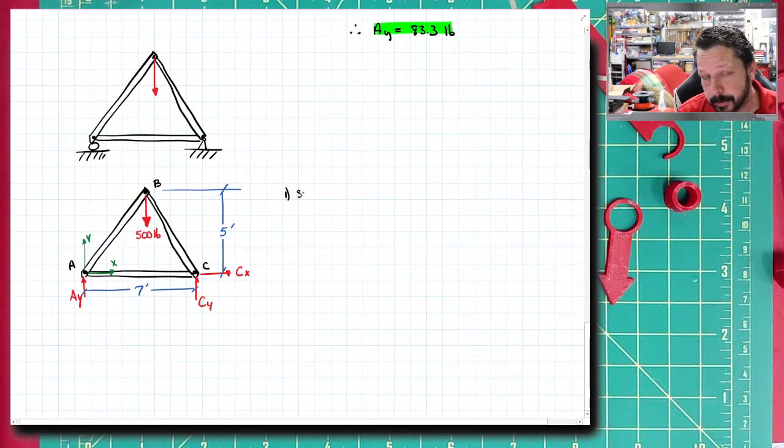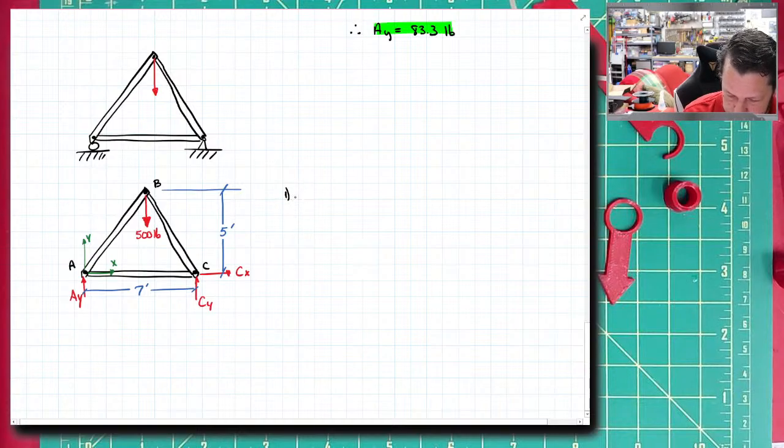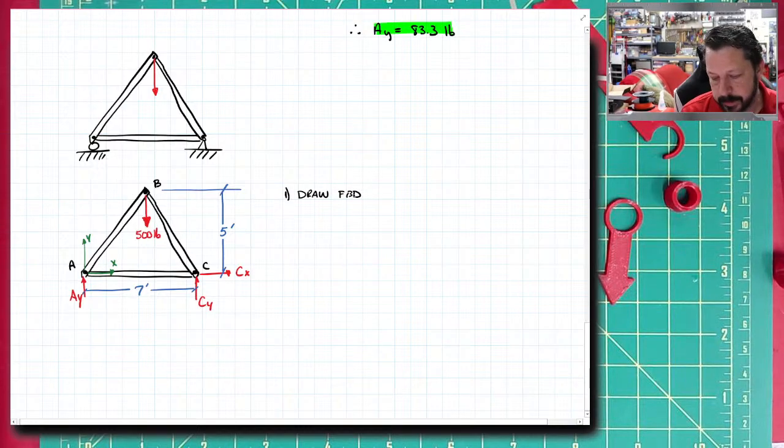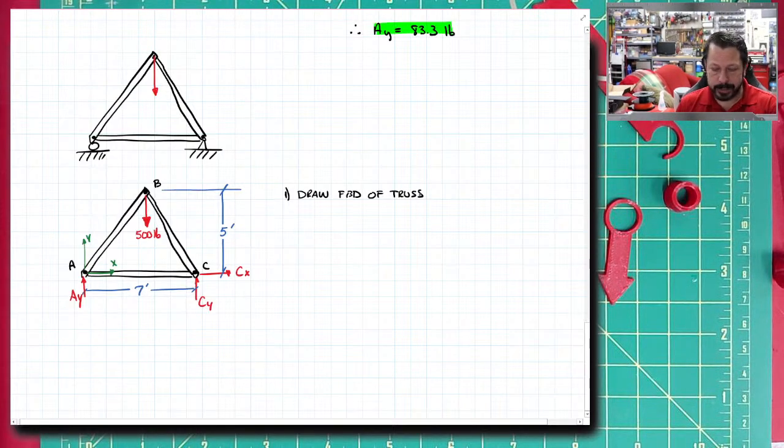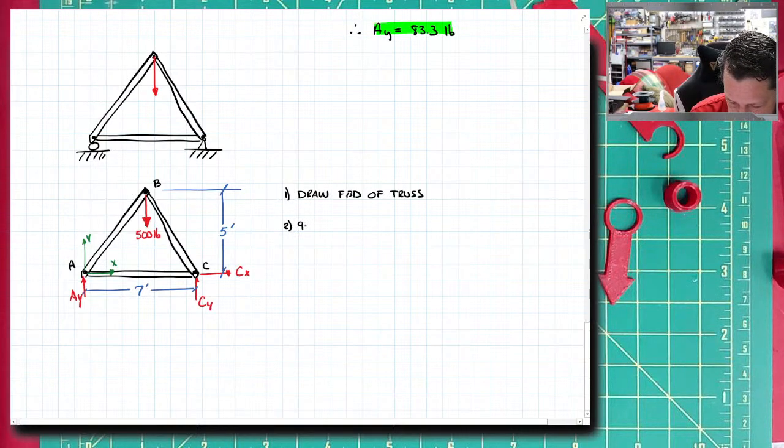Or, well, the first thing to do is draw the free body diagram of the truss. FBD is free body diagram. So that's the first thing. So we did that. Then, 90-something% of the time, solve for your pin and roller reactions.